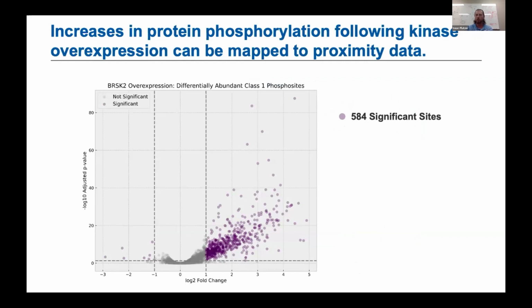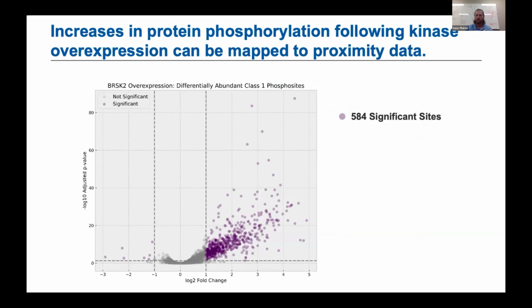You can see that following overexpression of the kinase, we get a substantial induction or upregulation of phosphorylation sites. But the problem is that a lot of these sites may be downstream substrates, not necessarily directly phosphorylated by BRISC2, but further down in the pathway.